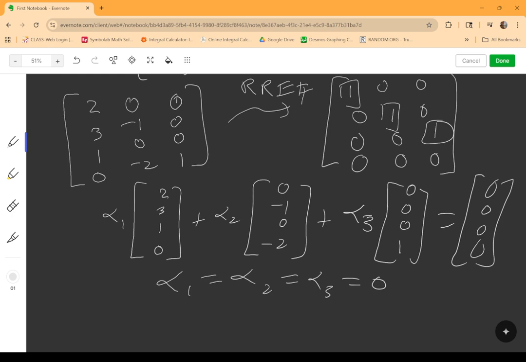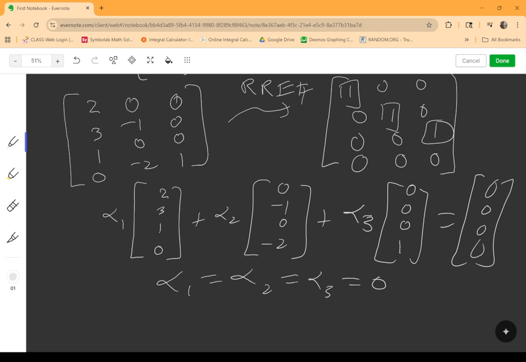Now, if we relate the number of pivot columns with the number of vectors that we have, we can see that there is an interplay happening here that determines whether a set is linearly independent or not.